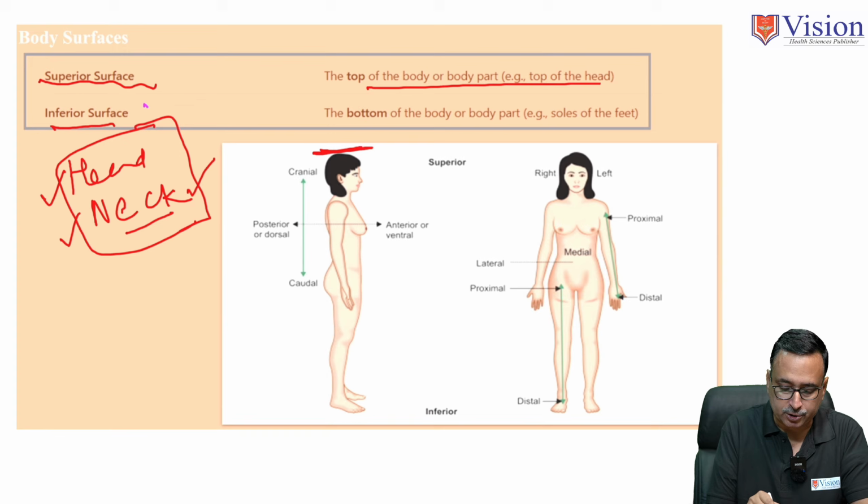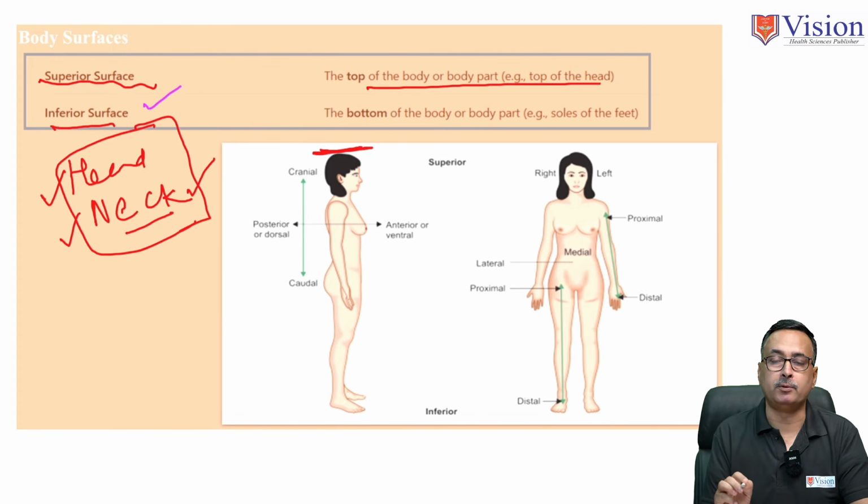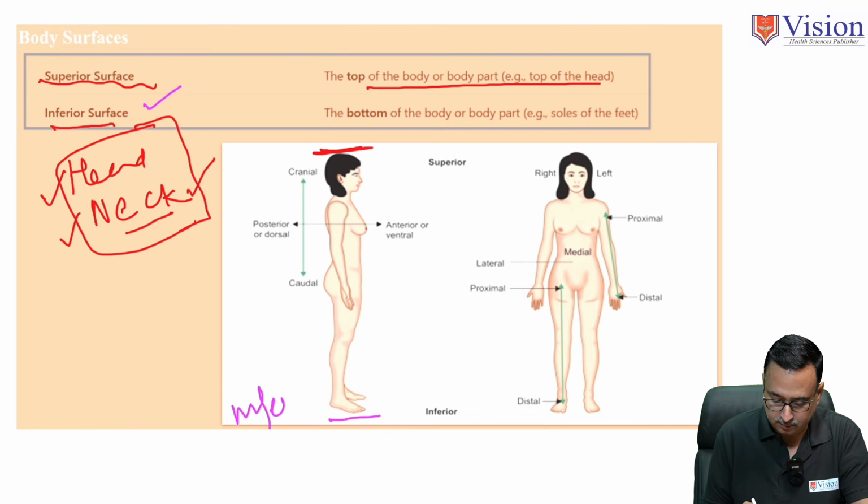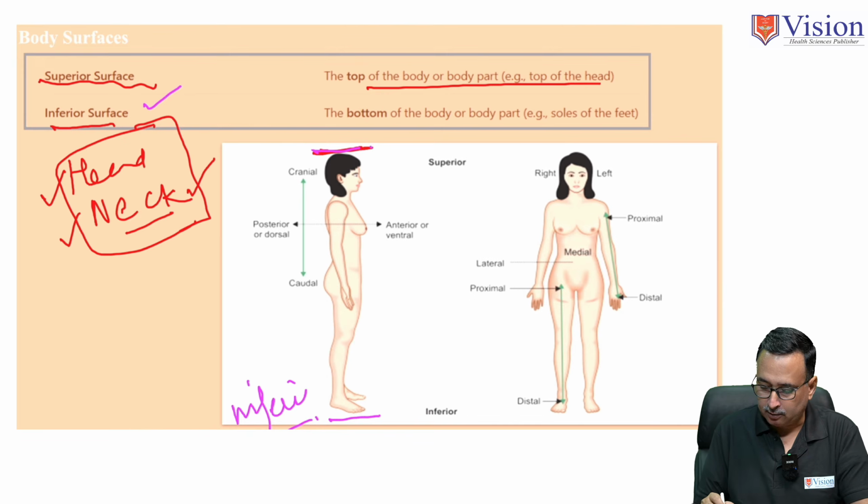So inferior position refers to the position of a body part towards feet. Like this is inferior surface. And this one is superior surface. And in this diagram, we can say this is the head region.